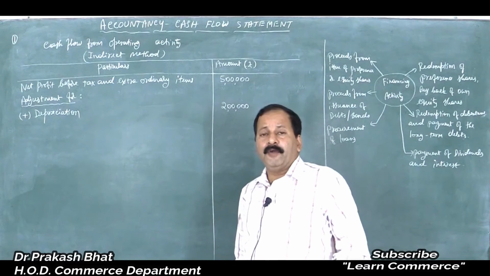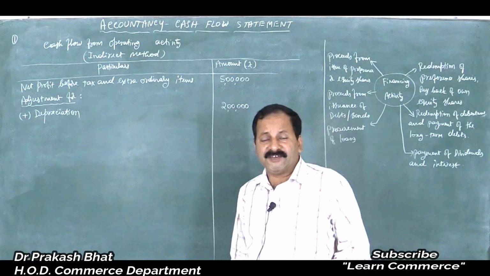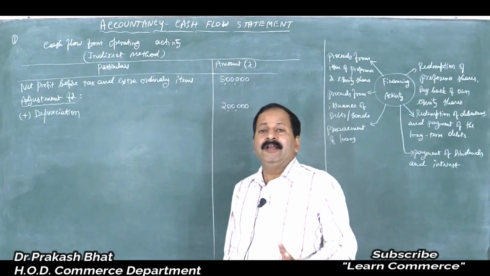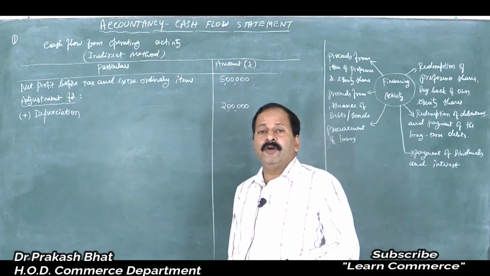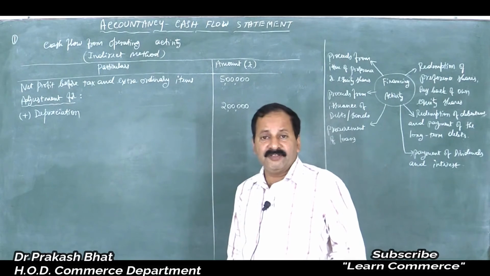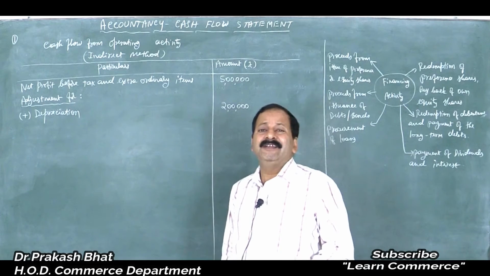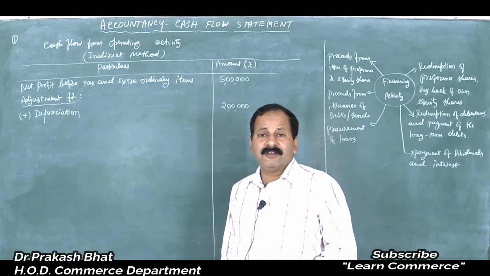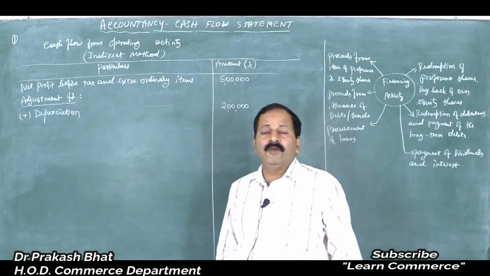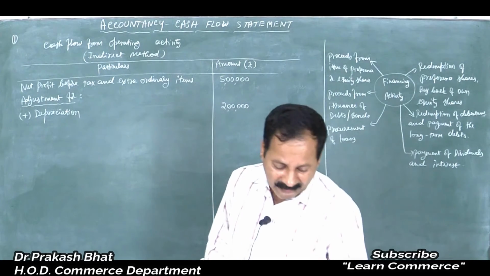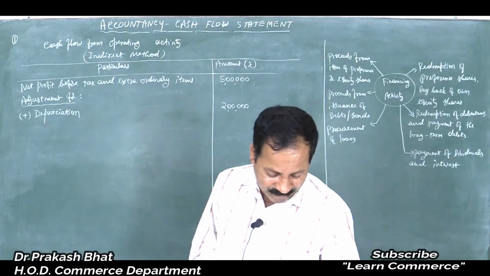When we book profit or loss on sale of asset, it is called an extraordinary item. It is not done regularly. It will not come regularly in the business, isn't it? So it is an extraordinary item because it is a casual item, comes maybe once in a year or something like that. Not regular. It's not recurring in nature.